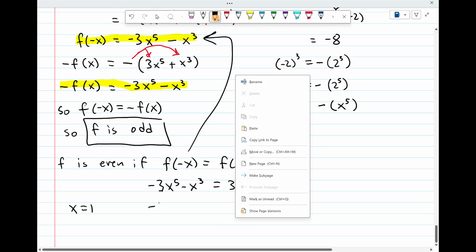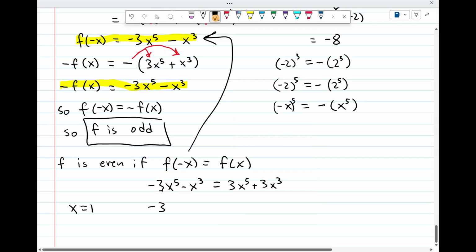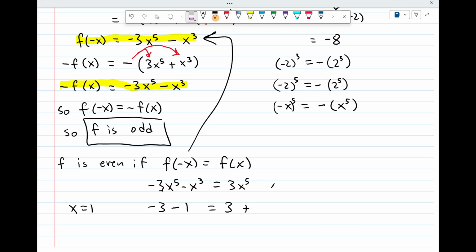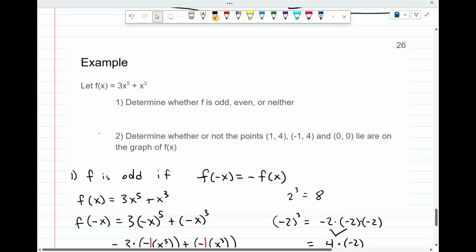Then this would be negative 3 times 1, which would just be negative 3, minus 1, is equal to 3 times 1, which is just 3, plus 3 times 1, which is just, oh, I made a mistake here. That should have been plus x to the third.